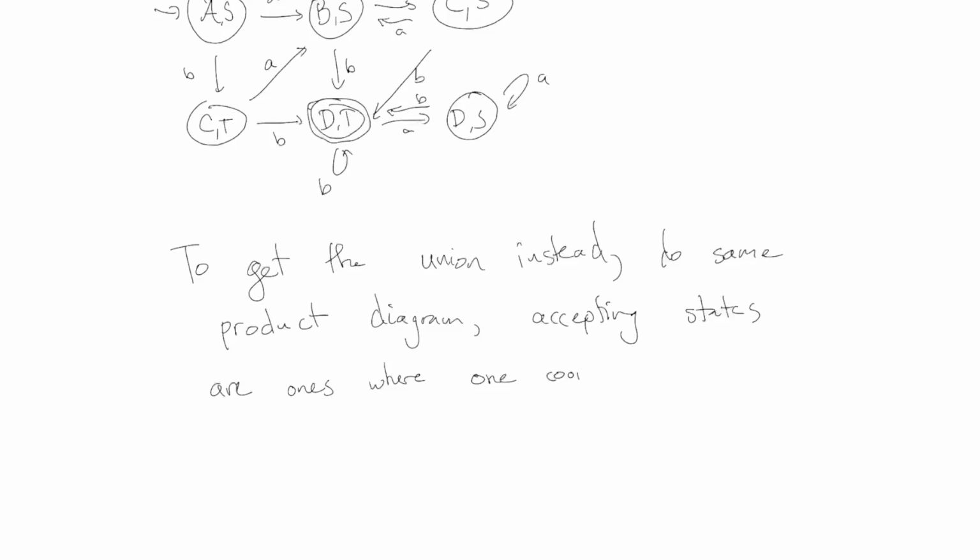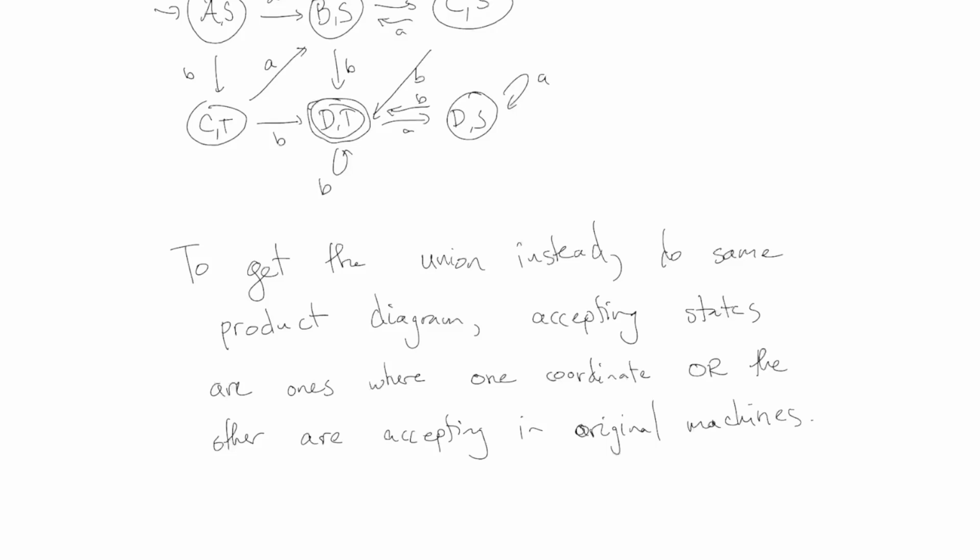Those are the coordinates. One coordinate or the other, or both, of course, that's included in what I mean by or, one coordinate or the other are accepting in the original machines.